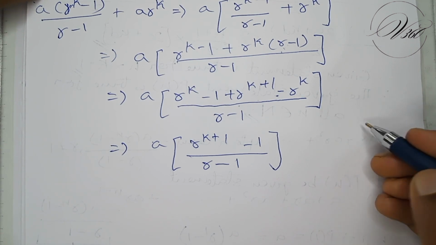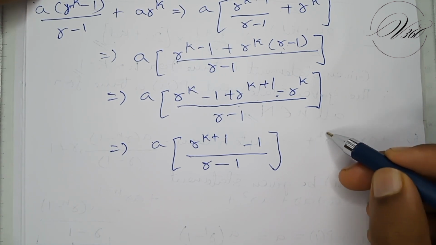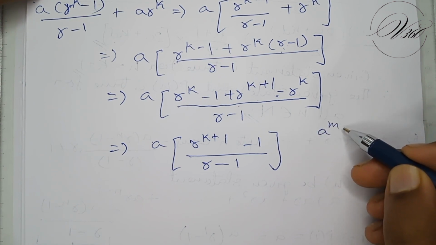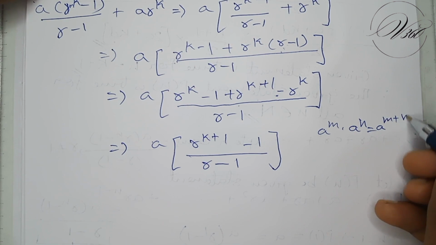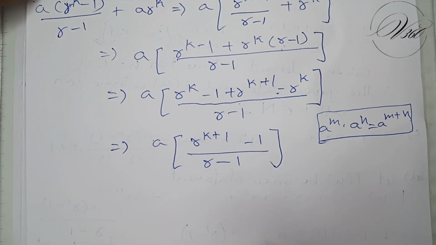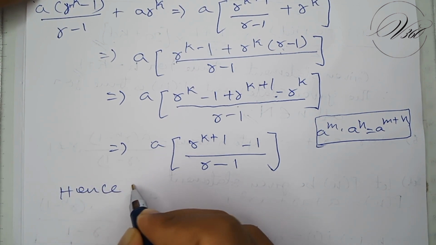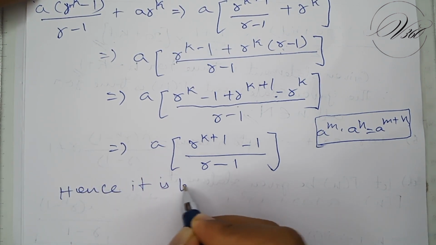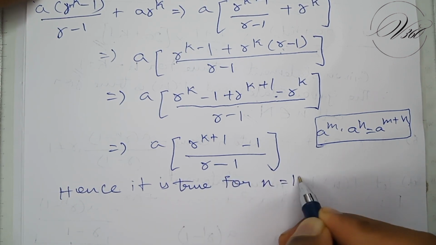We will think, how did it get a times r to the power k plus 1? Here there is a formula: a to the power of m into a to the power of n is equal to a to the power of m plus n. This is the formula through which I have done it. Hence it is true for n is equal to k plus 1.